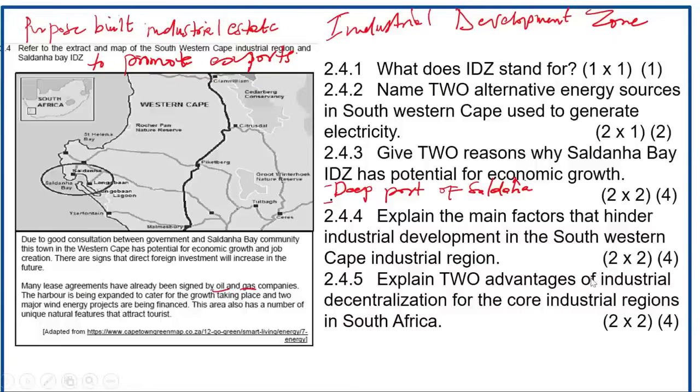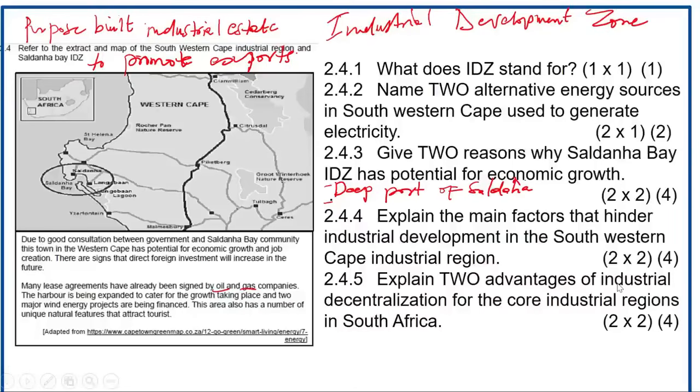It makes it easy for accessibility, for export, for accessing local and international markets, because it is at the coast. It has easy access to local and international markets because of the harbor. Road transport and the railway network make it easy. These are the factors that favor it.